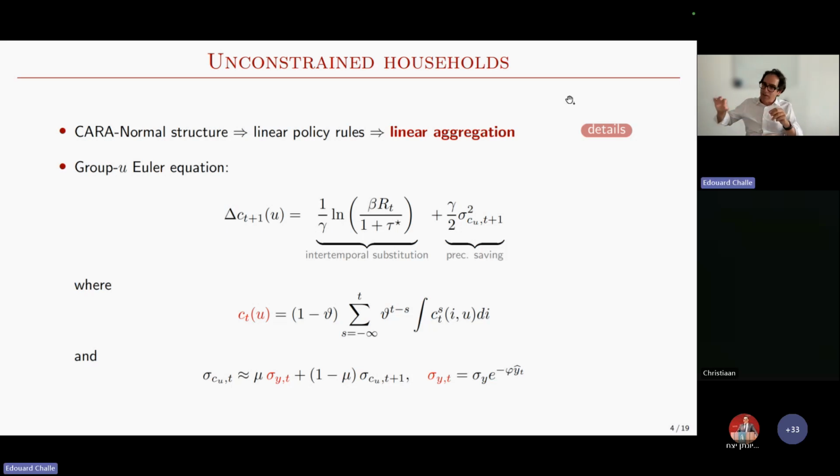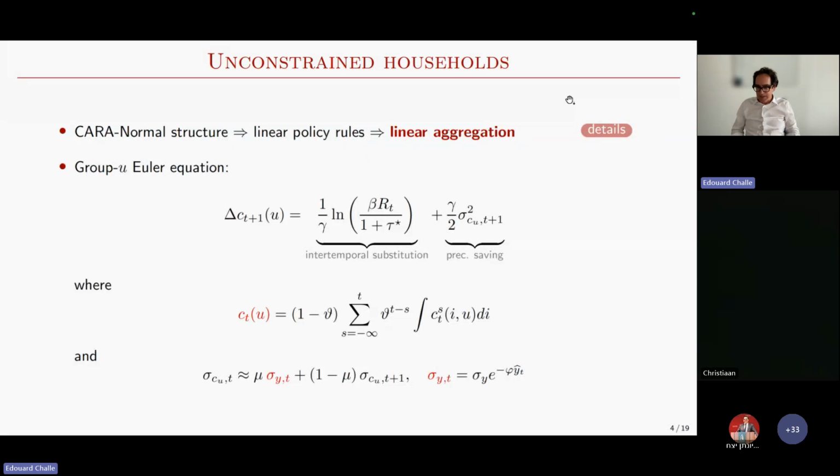In fact, it's the entire sequence of sigma_y, because people are forward-looking, so they do not look just at the current income risk or earnings risk, but at the path of earnings risk going forward. So the sequence of earnings risk sigma_yt is affecting consumption risk, and earnings risk is affected by output. This is the very last equation on the slide.